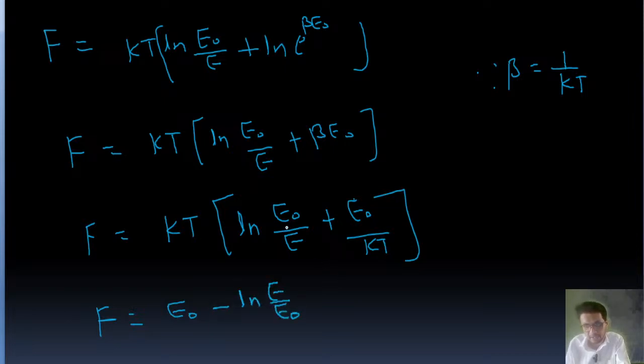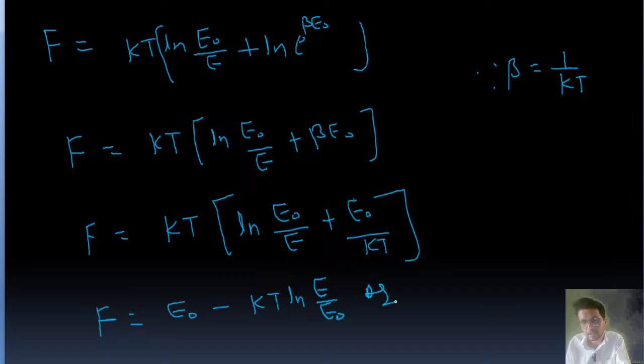So ln E naught upon E is equal to minus ln E upon E naught, right? And KT is also there, so this is going to be KT ln E naught upon E. Sorry, my apologies, KT ln E upon E naught.